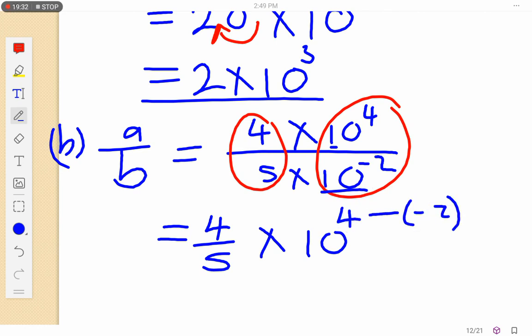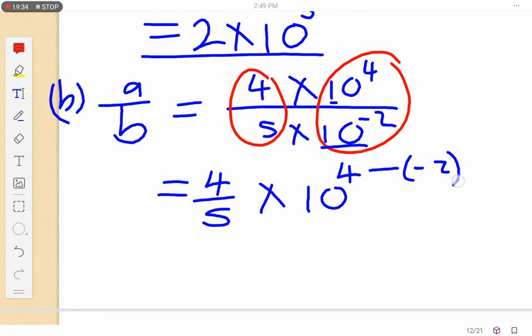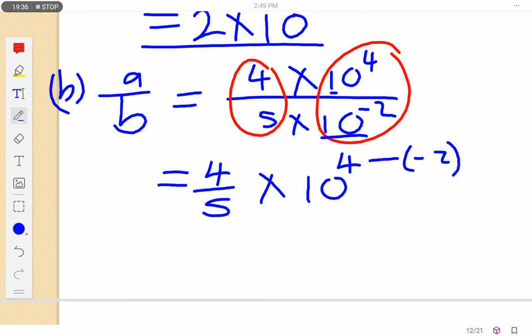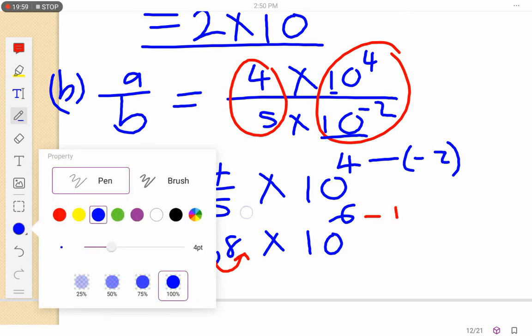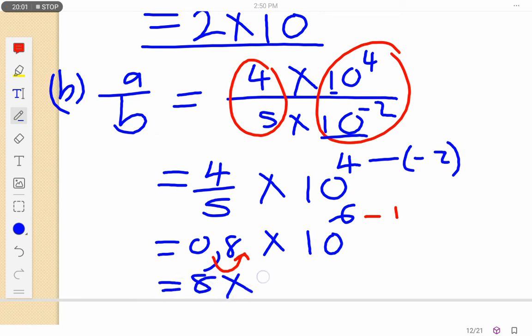Having that, 4 divided by 5 is 0.8 times 10 to the power of 4 minus 2, we get a 6 there. Because I've got a comma here and it's going to go that side, I'm going to subtract 1 there. So my final answer becomes 8 times 10 to the power of 5. Okay, that's the final answer there.